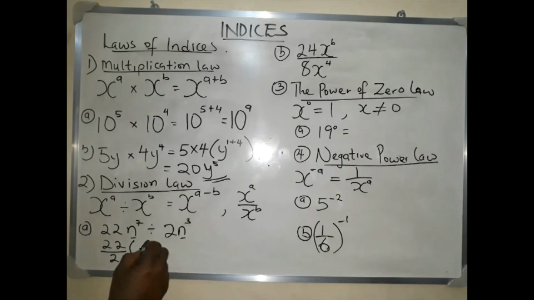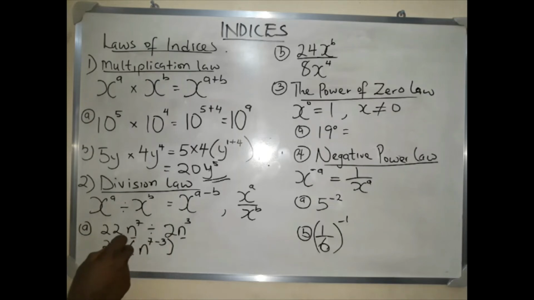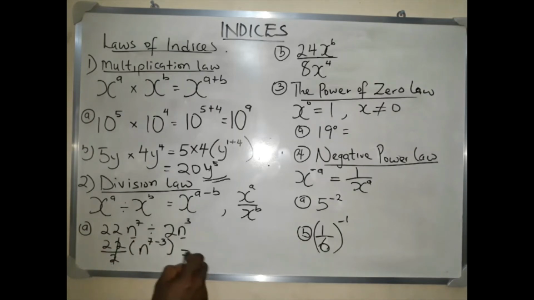So in this case, it's going to be 7 minus 3, close the bracket. So now this 22 will be divided by 2 normally, which will give us 11. Then your n, 7 minus 3 will give you 4. So that would be the answer to that.